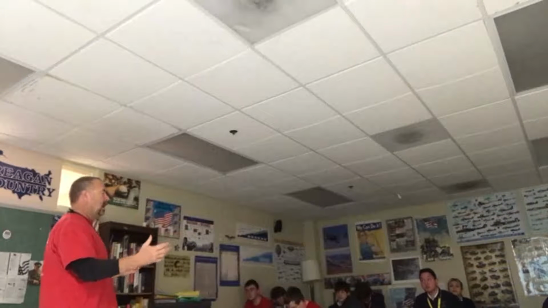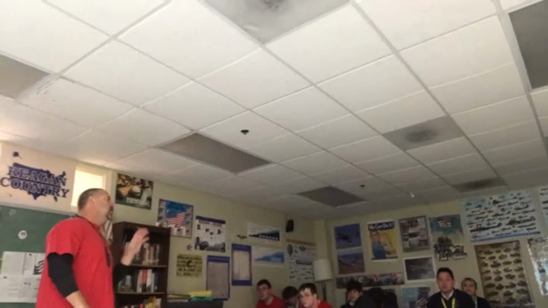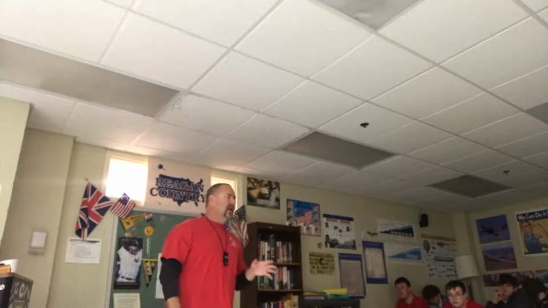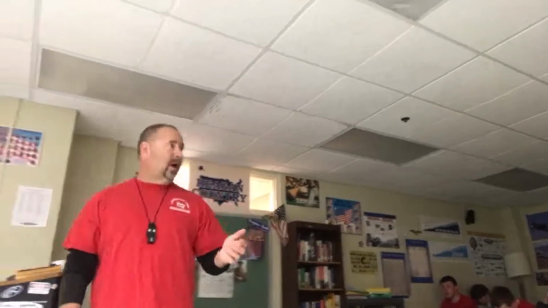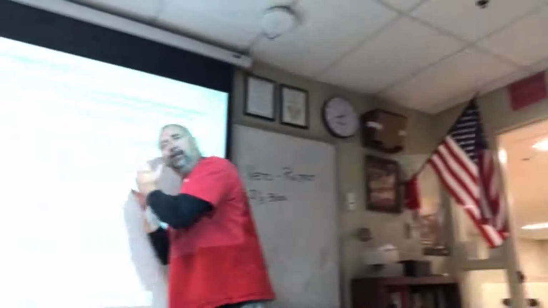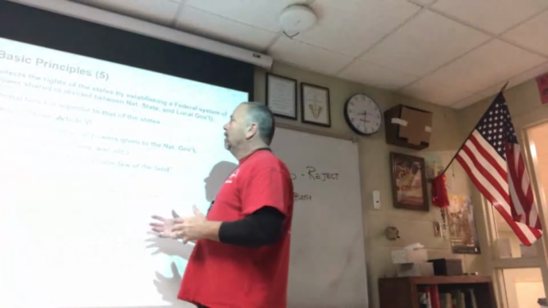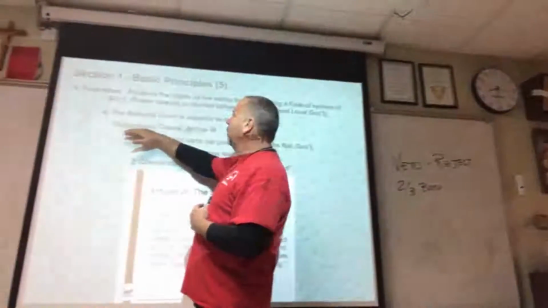The U.S. Okay? So in the end, guys, the U.S. Constitution is the supreme law of the land. That is our law. Okay? State constitutions are important as well, but they cannot violate the U.S. Constitution. Okay? So that's in Article 6, the supremacy.